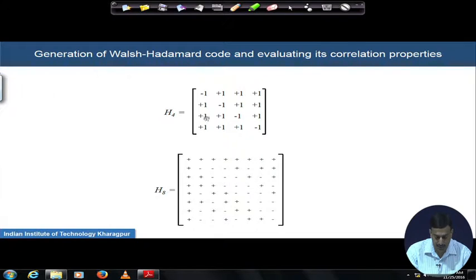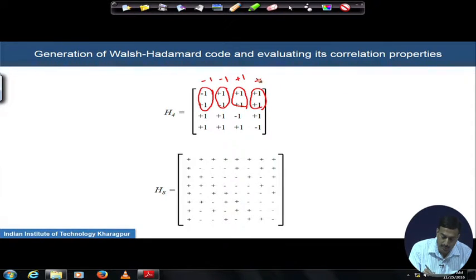In fact, if you just straight away look over here at the cross correlation value between any two codes at lag 0, that means without shifting, this product will be equal to -1. So this product gives you -1, this product also gives you -1, this will be +1, and this will be +1. So take any other two rows as well.